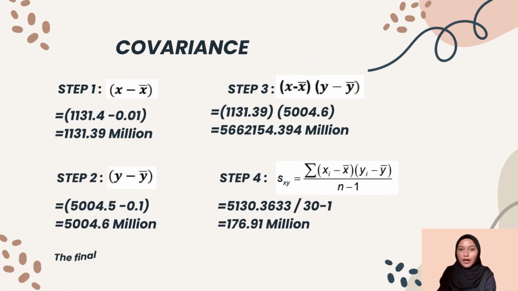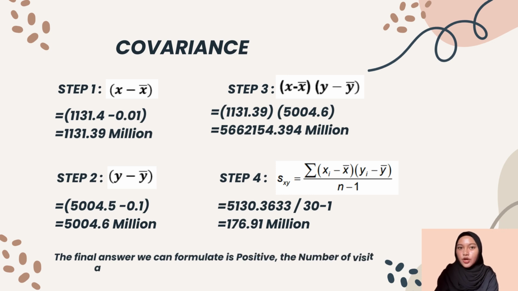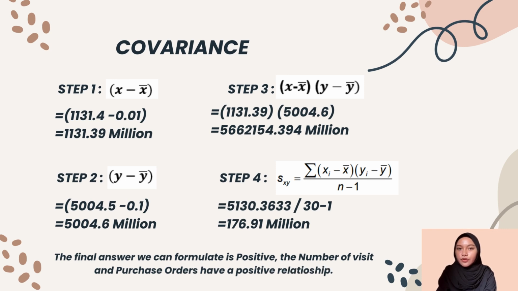These are the steps for how we get the covariance by the formula. First, we define the difference between X and the average value of X. Second, we define the difference between Y and the average value of Y. Then we multiply the differences for each value. After that, we add all those values in the data set.